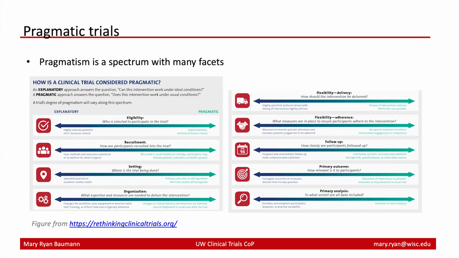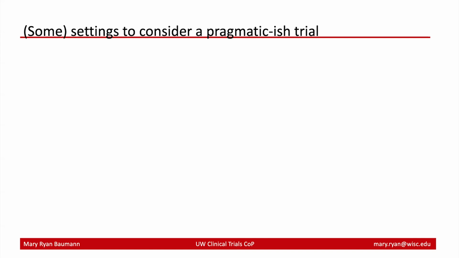Same thing for outcomes. Do we have extra outcome data collection that we're doing, or are we using the current data collection systems that we have? And to what extent are all the data in the trial being included? Are we really filtering down to the most compliant participants, or are we using more of an intent to treat analysis?